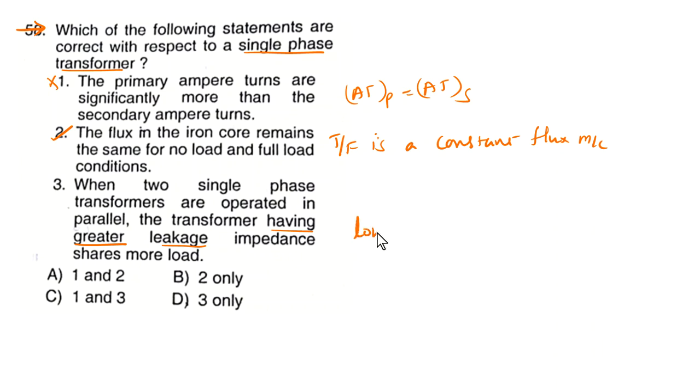Lower leakage impedance means more sharing, and higher means lower sharing. So this is also a wrong statement. So the correct statement is only statement 2. So the answer is B here.